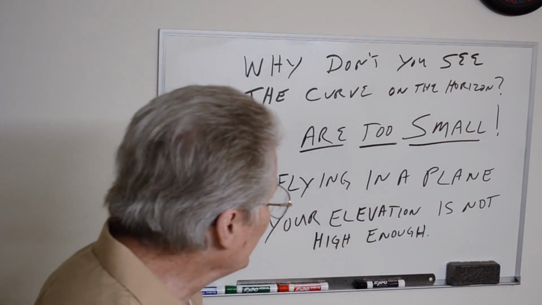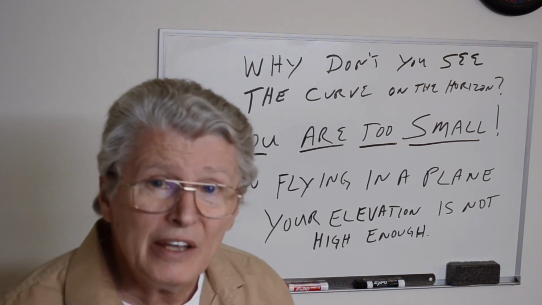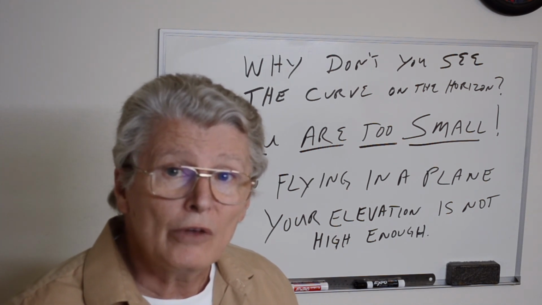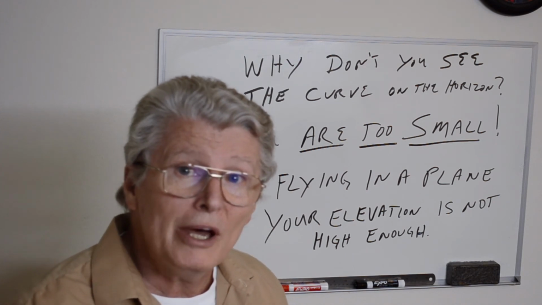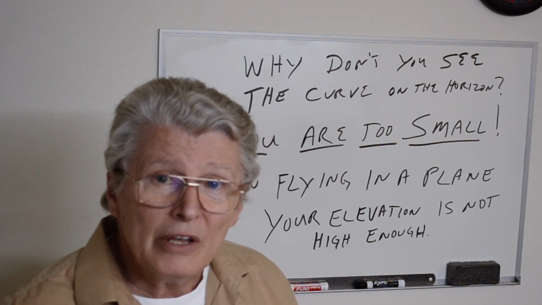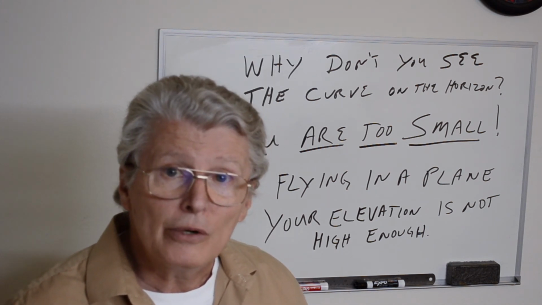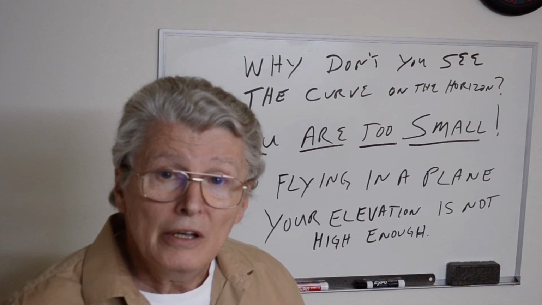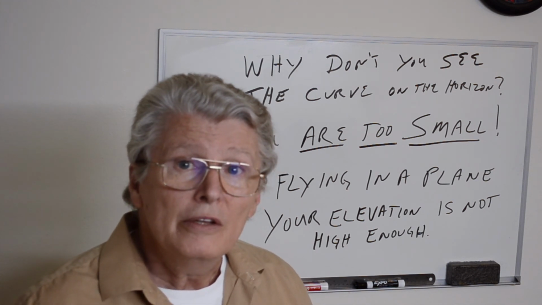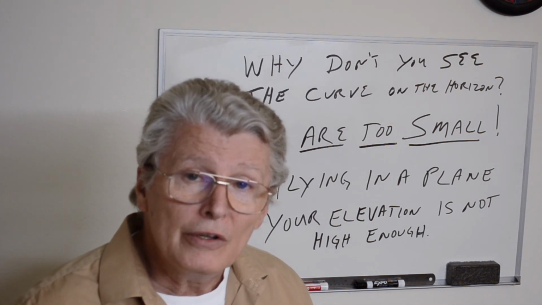Even flying in a plane, your elevation's not going to be high enough. You're not going to get up there enough to see the curvature. That's only as tall as a human hair would be to you on the basketball. It just isn't going to happen. So don't let people lie to you and say, well, you can't see the curvature of the earth, therefore it isn't round. That's silly. It's just because you are so small relative to the size of the planet Earth.